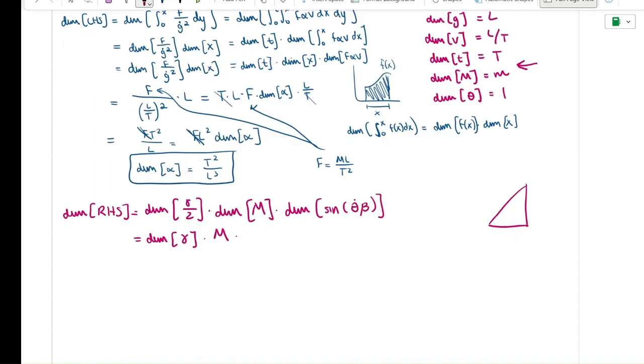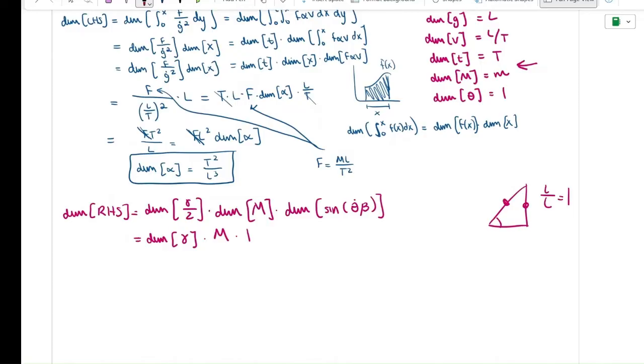So sine is just equal to the opposite divided by the hypotenuse, right? So that's a length divided by a length, which gives you just a dimension of 1. So the dimension of any trig function like sine, cosine, tangent, cotangent, whatever, is always going to be equal to 1 because you're always dividing the sides of a triangle by another side. So they have the same unit of length, so we get 1.